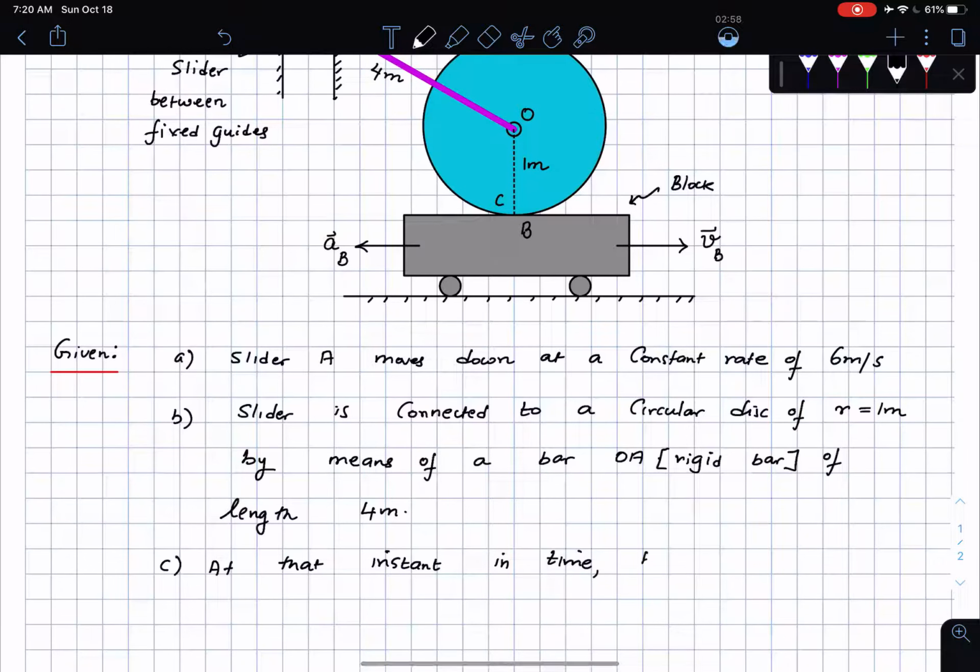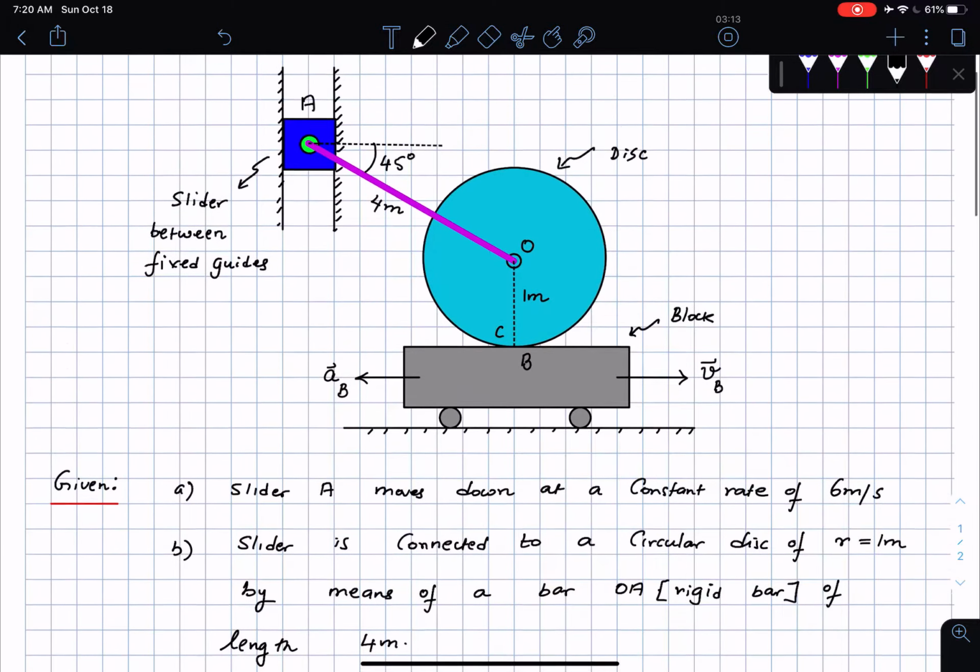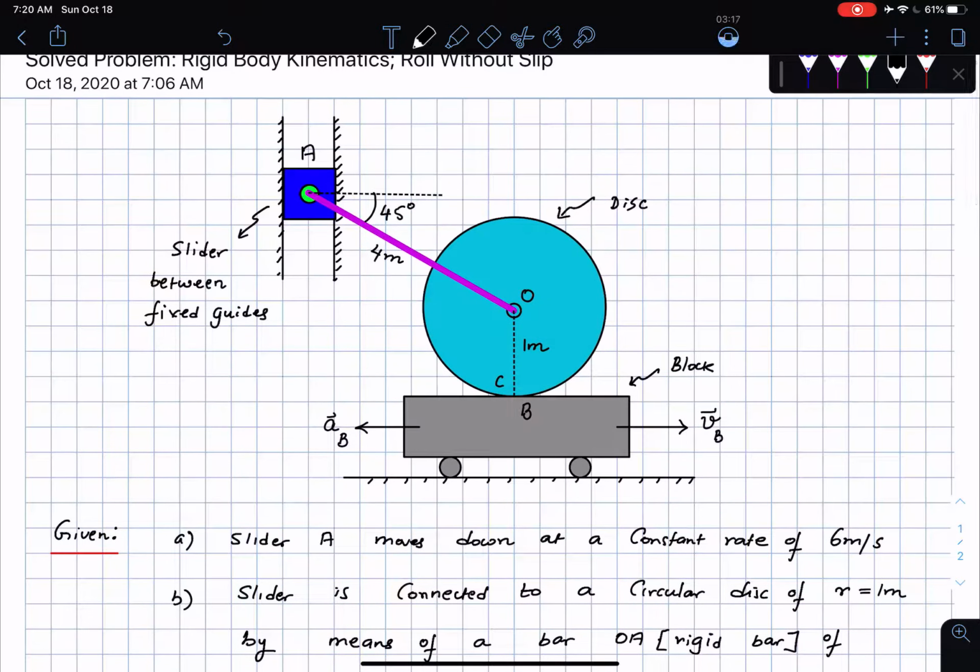Okay, and at that instant in time, the bar OA is in the position drawn. Okay, as I'll go to the figure, you'll see that at that instant in time this bar OA is in a position drawn.